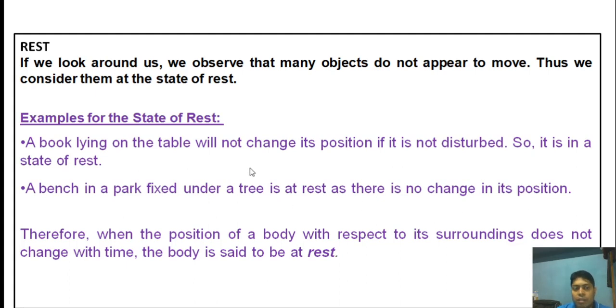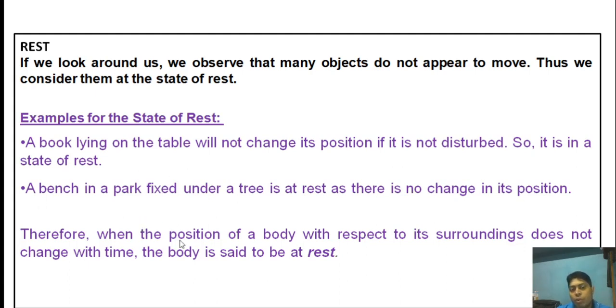Correct. As the bench is fixed under a tree, it is at rest, and that's why there is no change in its position. If there is no change in position, then we can say it is at rest.